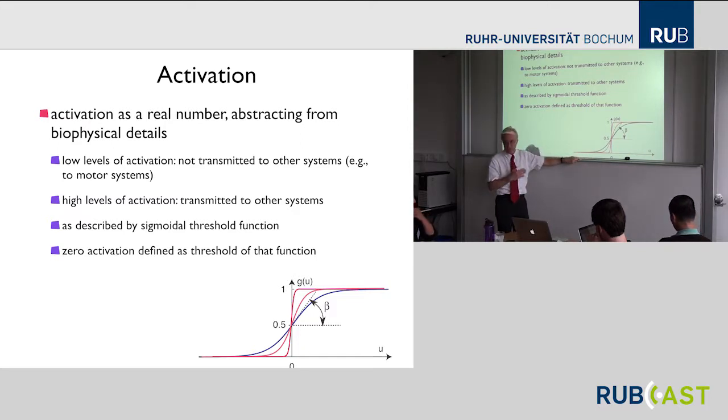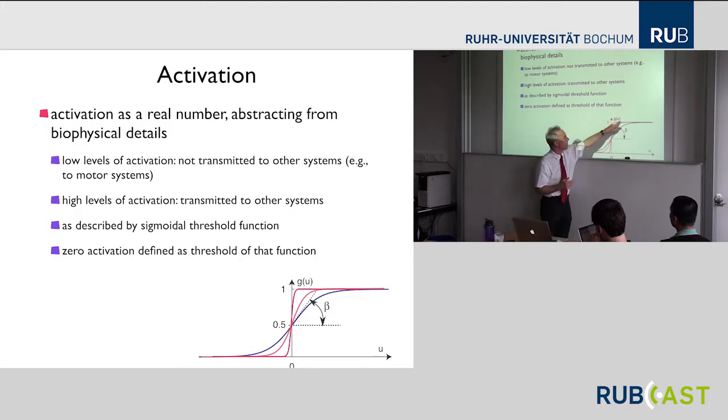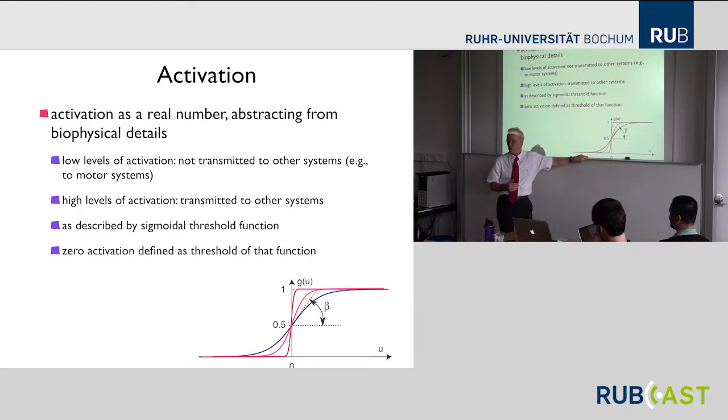So that's the axiom that we're postulating: only the sigmoided activation, the activation that passes through this function, which we call G of u, is supposed to show up anywhere downstream from a particular neuron that we look at.